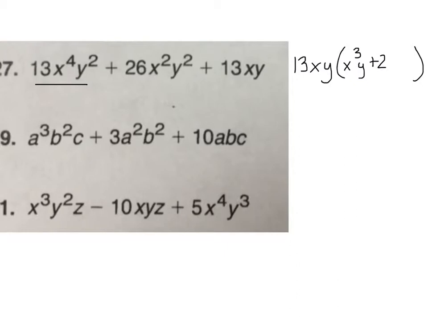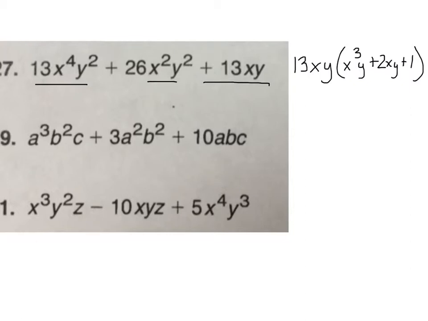And then you took out an xy here, so what's left is xy. And then right here you took out 13xy, so I took out everything. So what's left? 1. Plus what? 1. When you take everything out in factoring, you've got to still write the 1. Because when you distribute that 13xy back to the 1, you end up with 13xy.